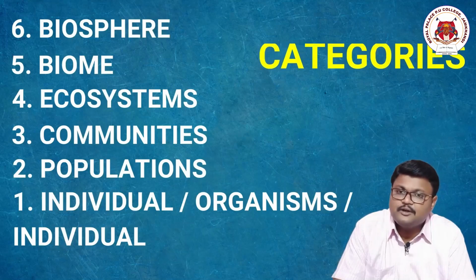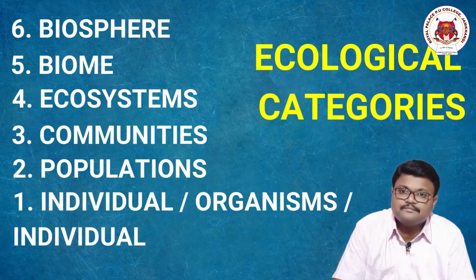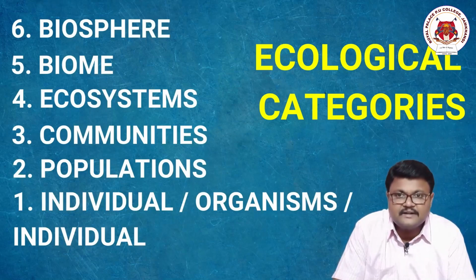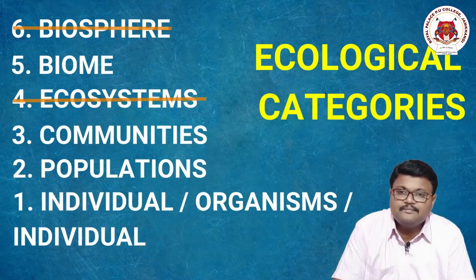We even have ecological categories here. In our NCERT textbook, though we have listed 6 categories, they have mentioned only 4. They said that by cancelling ecosystem and biosphere from the list of 6, we can take only 4 categories: the individual, population, community and biome are the 4 basic ecological categories we can see in the study of ecology.